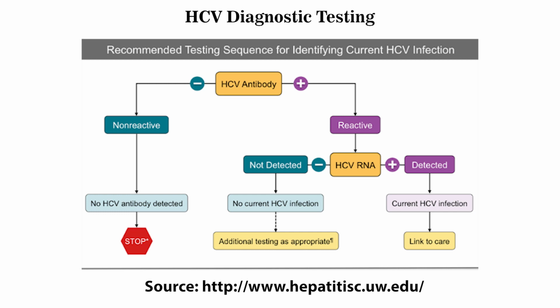If there is no detectable virus, that means the individual has been exposed to the virus but cleared it on their own. They do not have any active infection. If virus is detected within the body, that means they have chronic hepatitis C, and those individuals should be linked to a provider who knows the nuances of treating hepatitis C and can cure it.